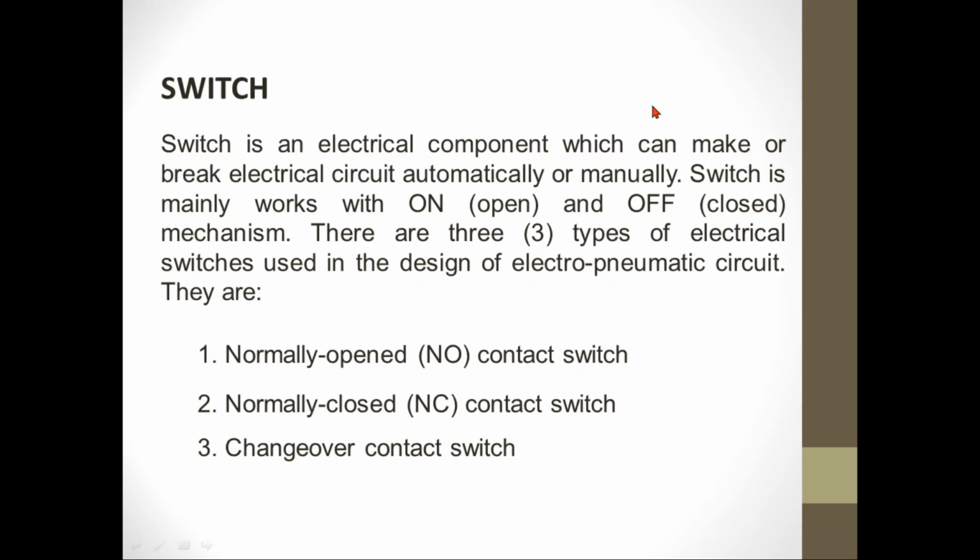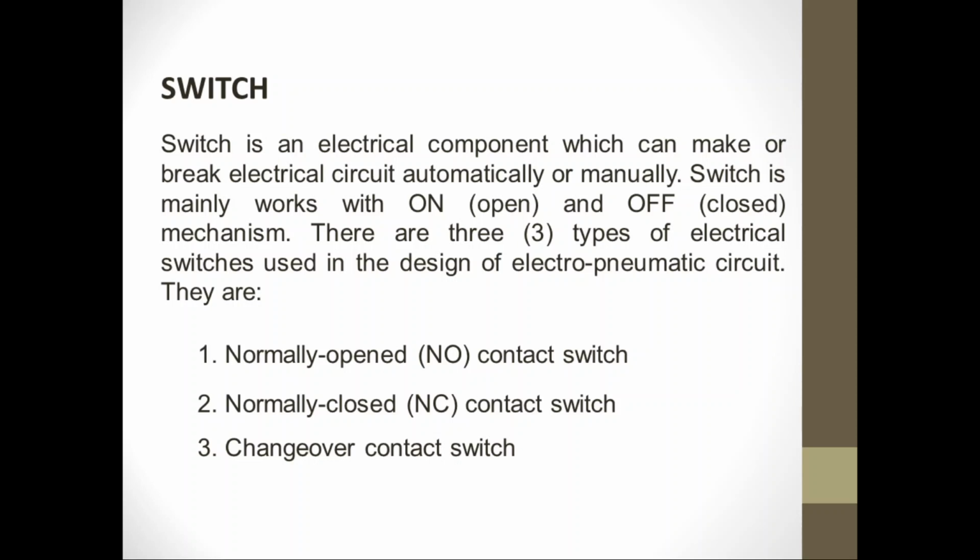So take note, a switch can be triggered either manually or automatically. So when you say manually, there must be a mechanism or mechanical mechanism that will turn on or off the switch. Just like the switch that can be found in our home, when we press the switch, it will either turn on or off.